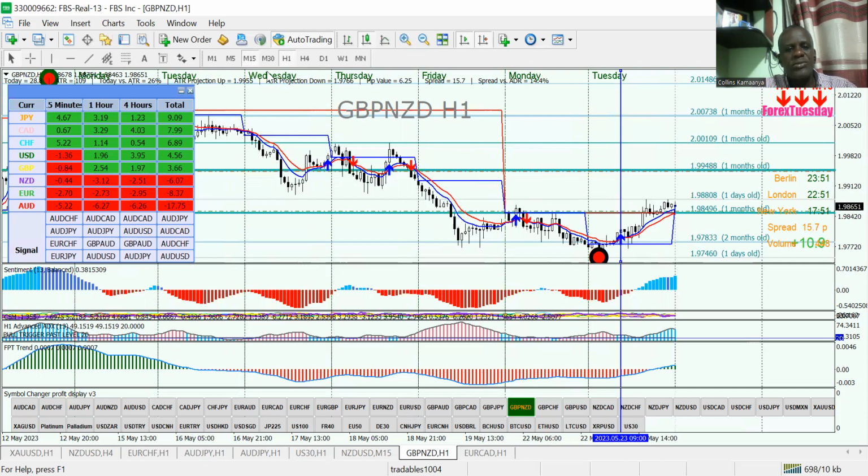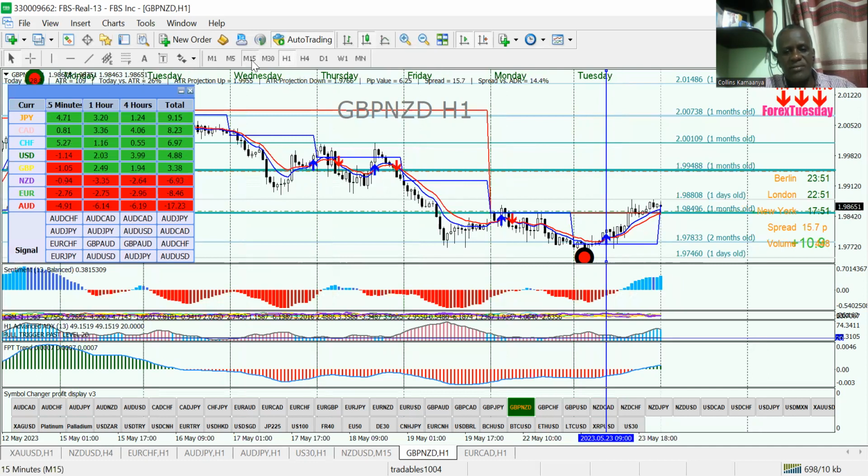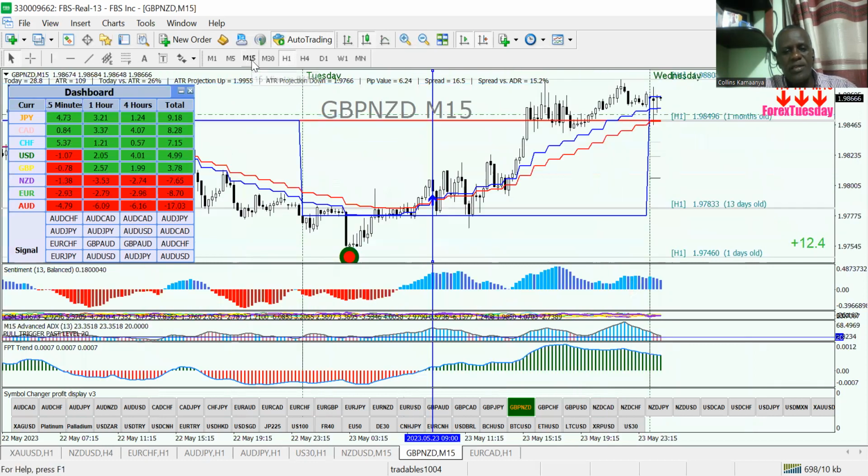Then when you go to 15, which is my trading time frame, where I execute my entries from, it pops up at the exact time and point. Price moves with time, so it had to be there.